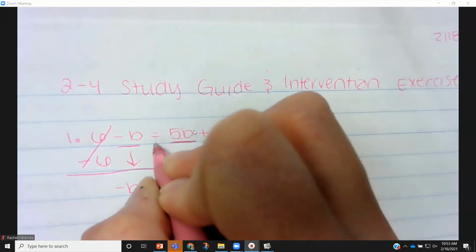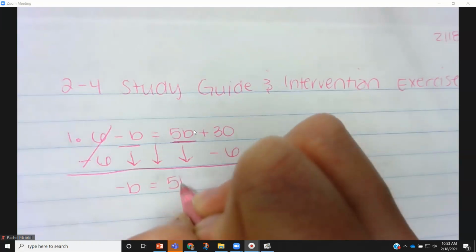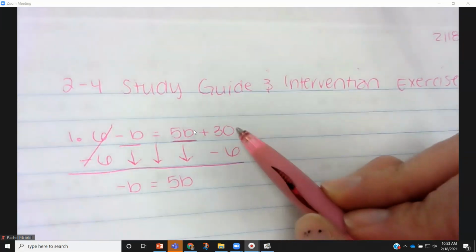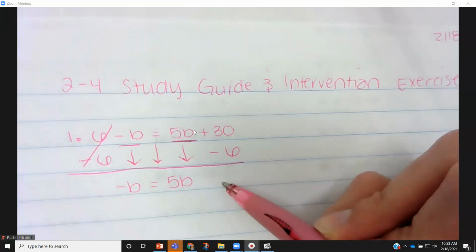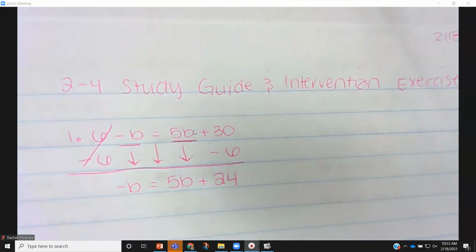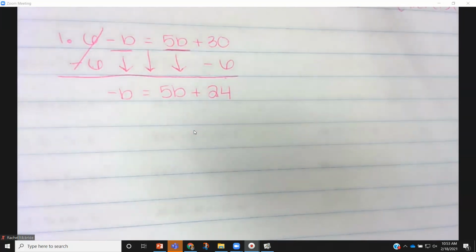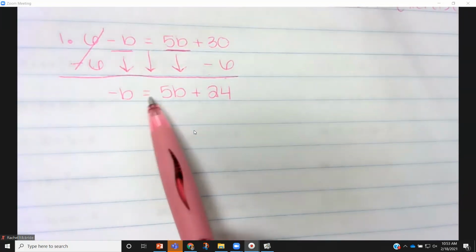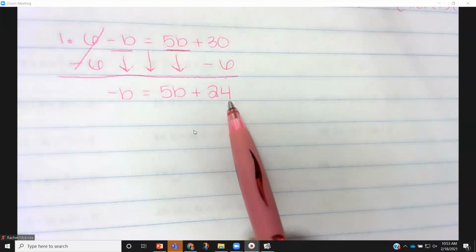Bring down your negative b, bring down your equals, bring down your 5b. And then 30 minus 6 is what? Go ahead, Dominique. 24. Perfect. So now I have negative b equals 5b plus 24.